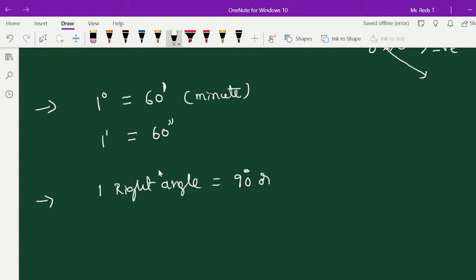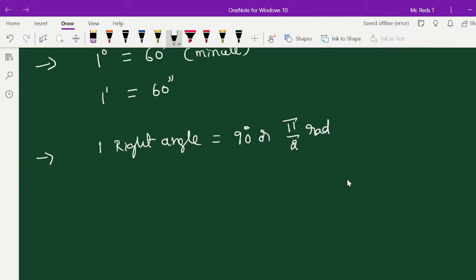One right angle is equal to 90 degrees, and it can also be expressed in radians as pi by 2 radians.